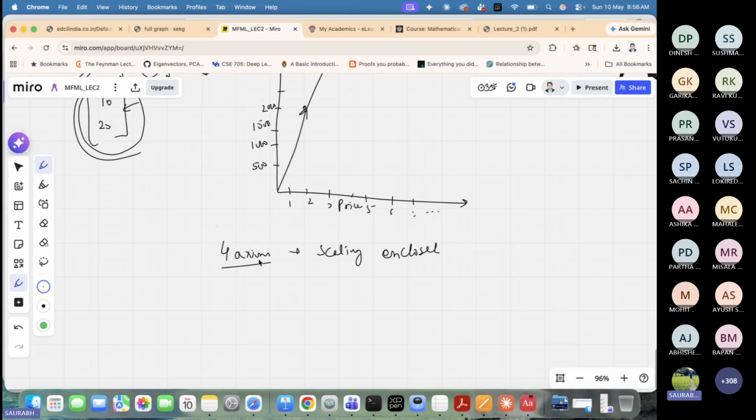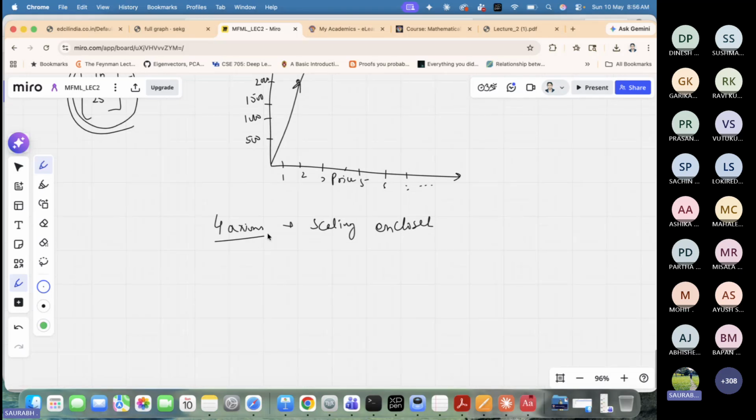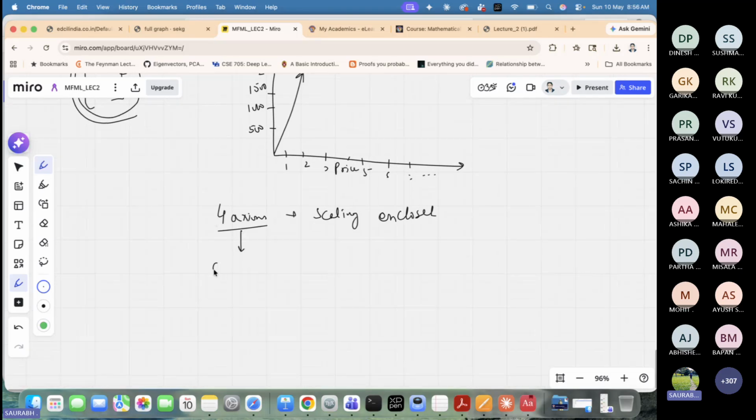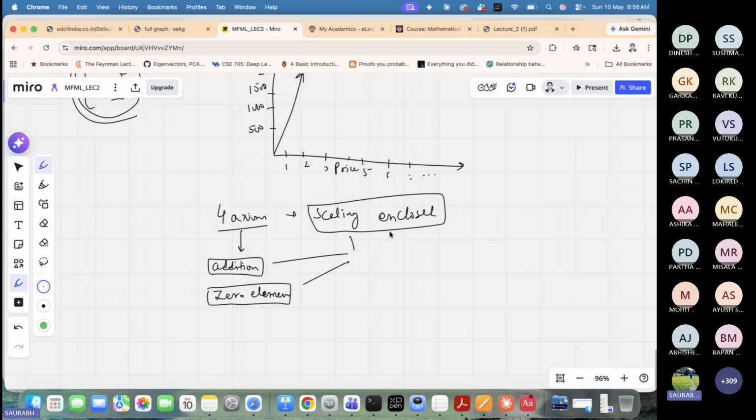Actually, out of these four axioms, the two most important are addition and zero element. If you have addition enclosed, there is an origin in the set, and the scaling is also enclosed, then we combine them and call that space a valid vector space.